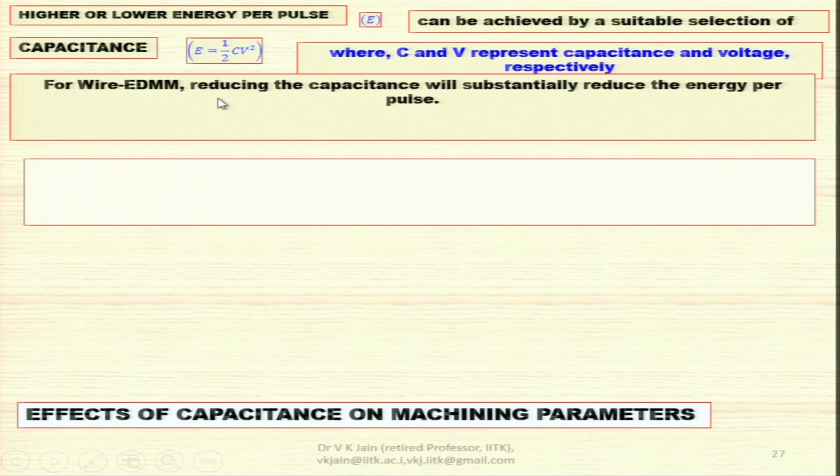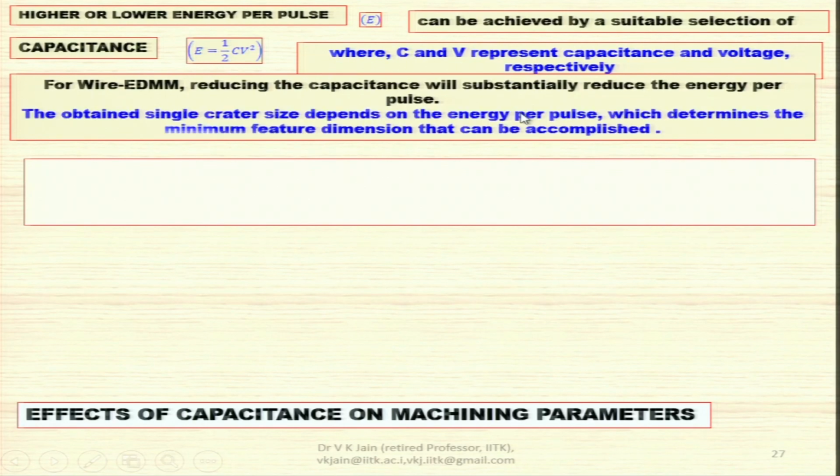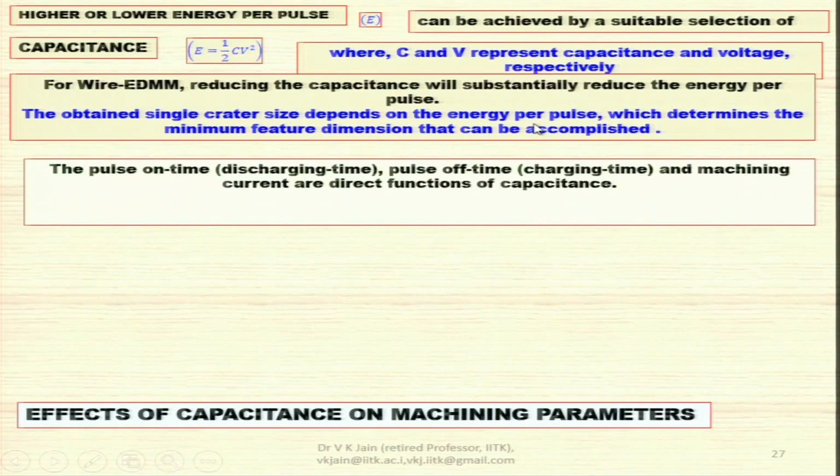For wire EDM, reducing the capacitance C will substantially reduce the energy per pulse. The obtained single crater size depends on the energy per pulse, that is E, which determines the minimum feature dimensions that can be accomplished, and it also affects definitely the final surface roughness that you are going to achieve.